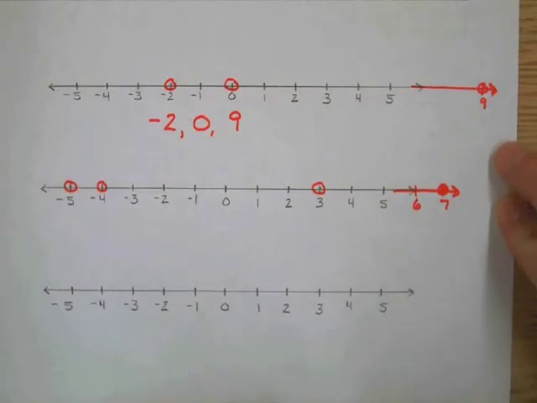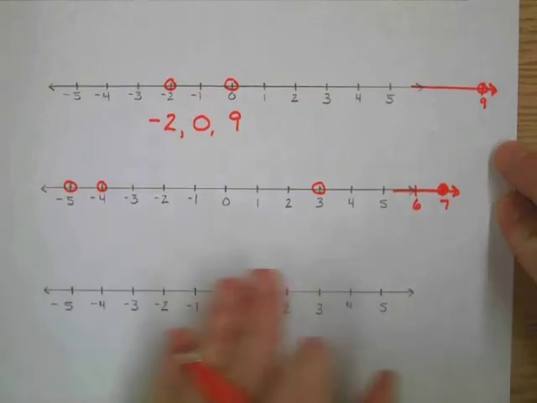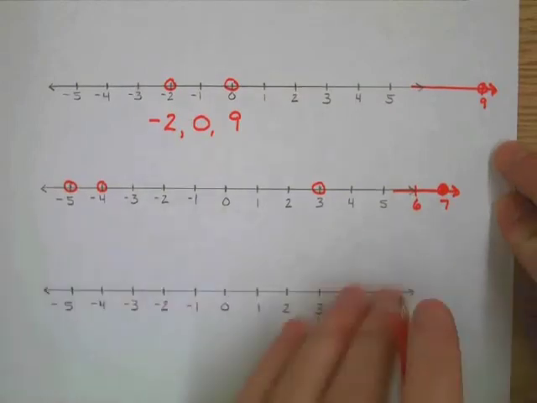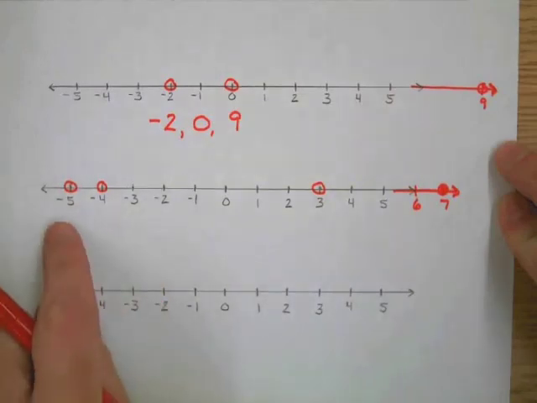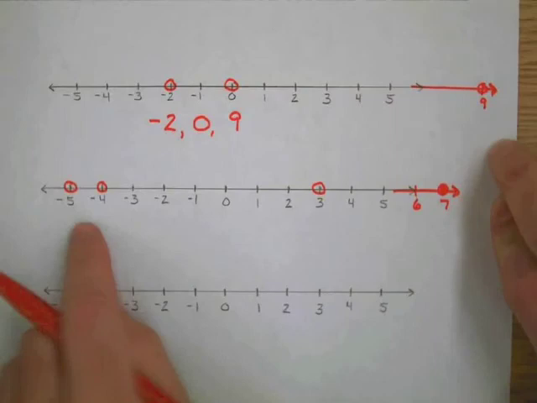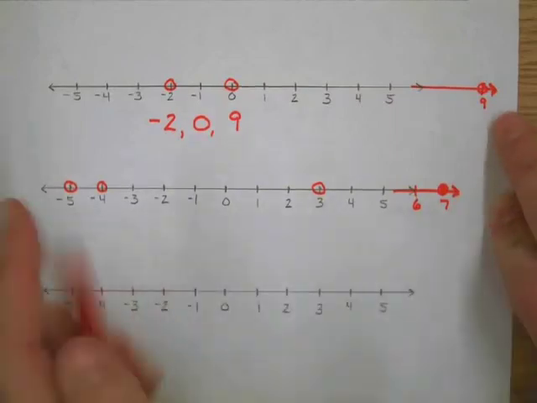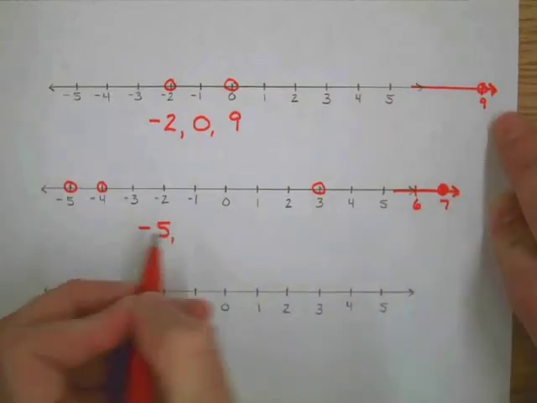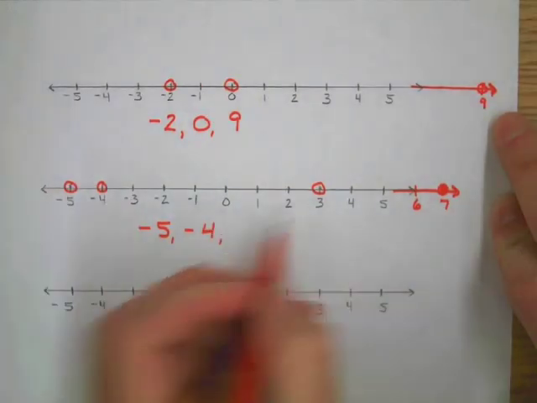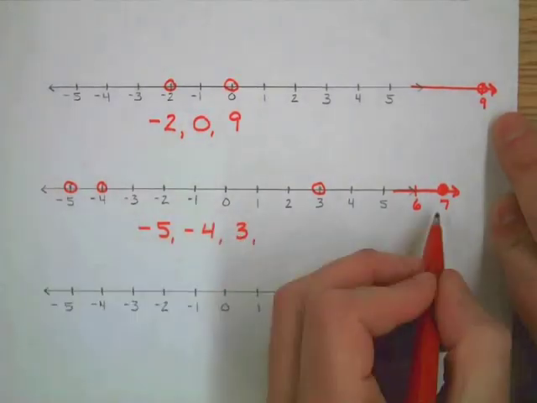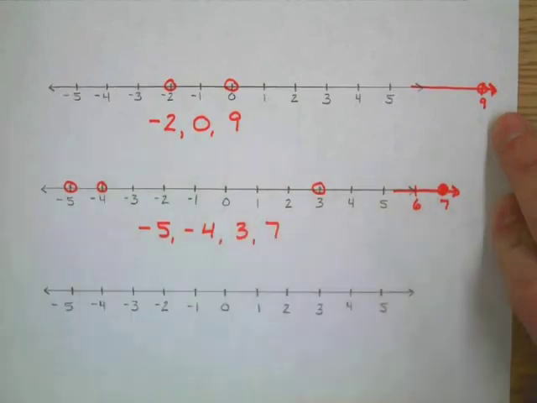Again, if we're going to put this in order from smallest to largest or from least to greatest, the farther we go over to the left, the smaller the number, and the farther we go to the right, the larger the number. So -5 would be the smallest, -4, then positive 3, and finally the largest one would be 7, positive 7.